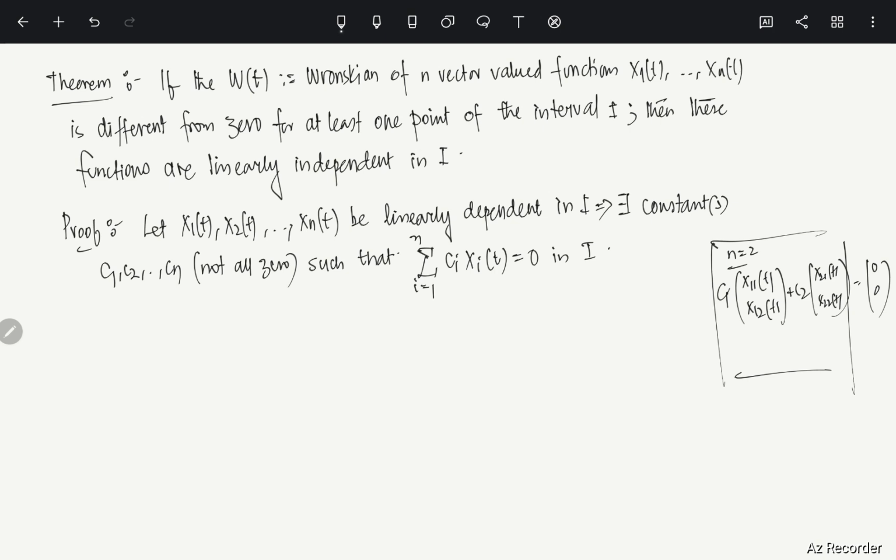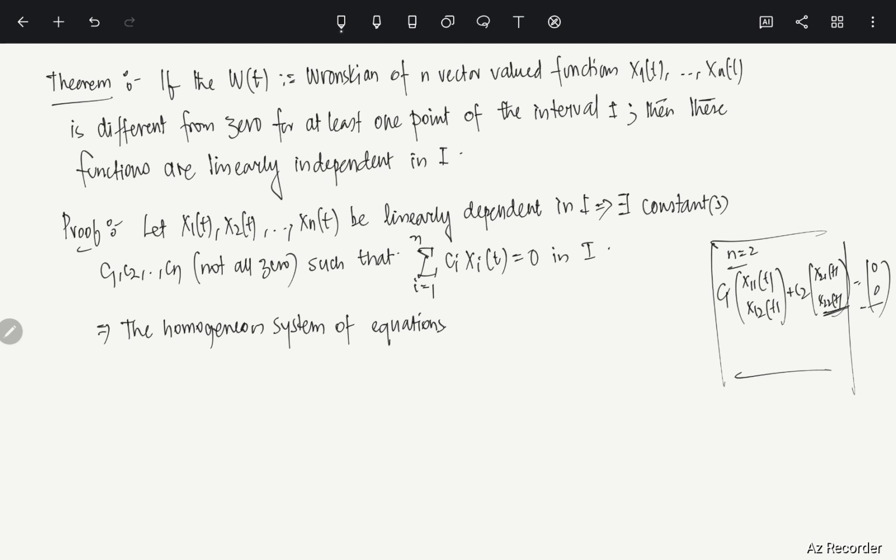That gives me a homogeneous system of equations: C1 x11 plus C2 x21 is 0, and C1 x12 plus C2 x22 equals 0. This system of equations has a non-trivial solution, right?